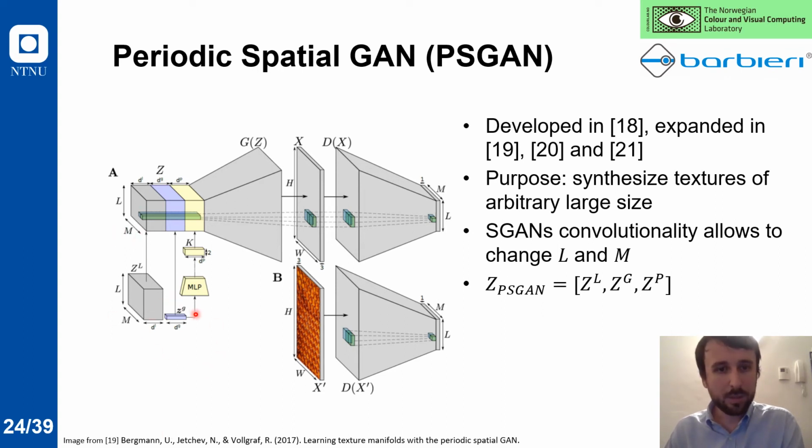A standard random term first of all, then a global term in purple here, and finally a periodic term that essentially is repeated periodically. It has a periodic structure in the space coordinates.